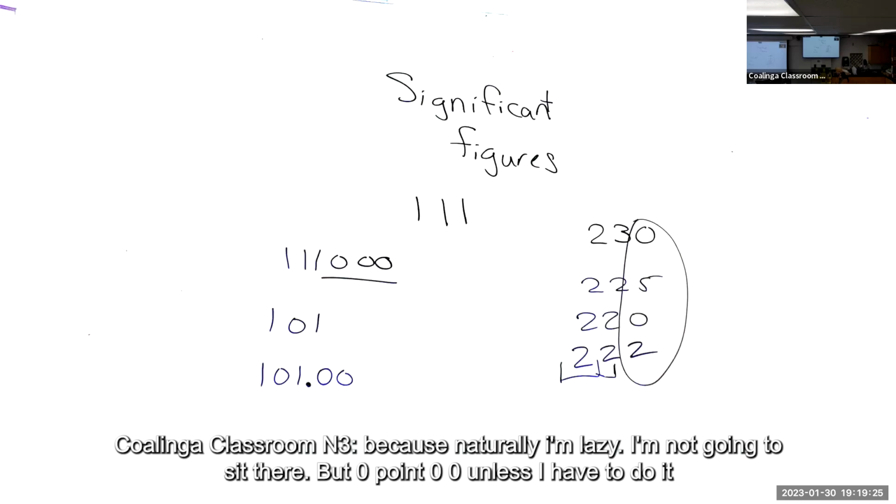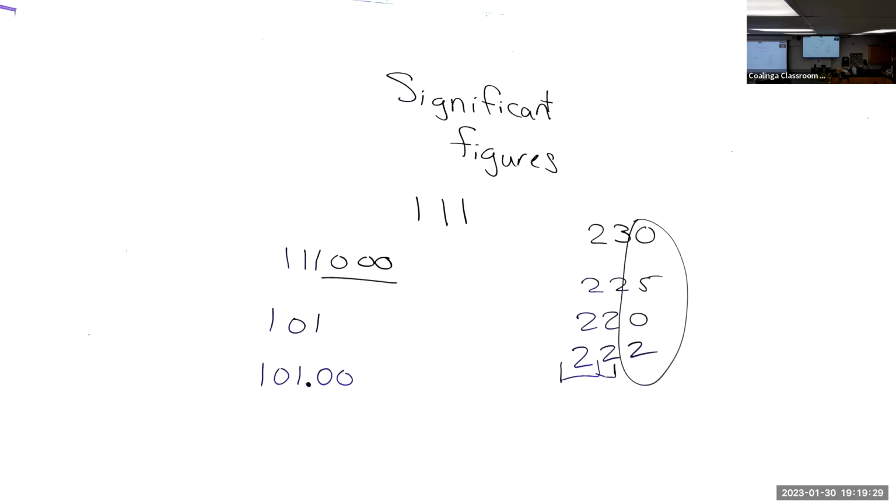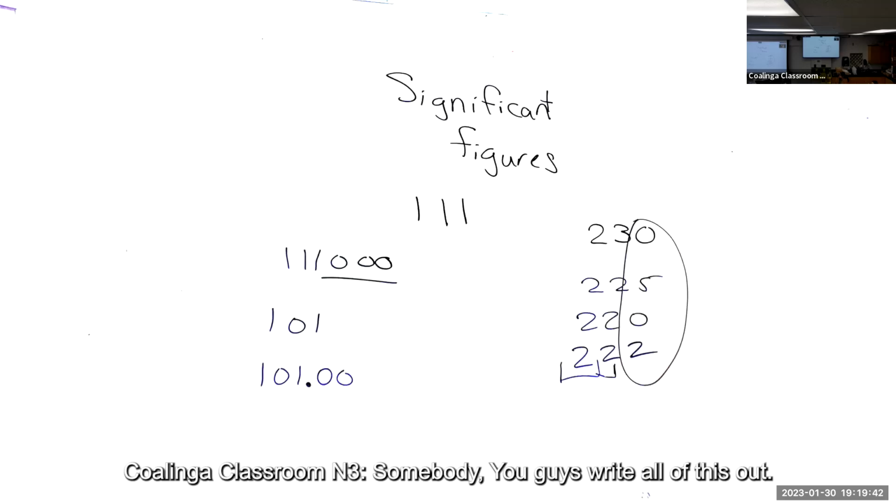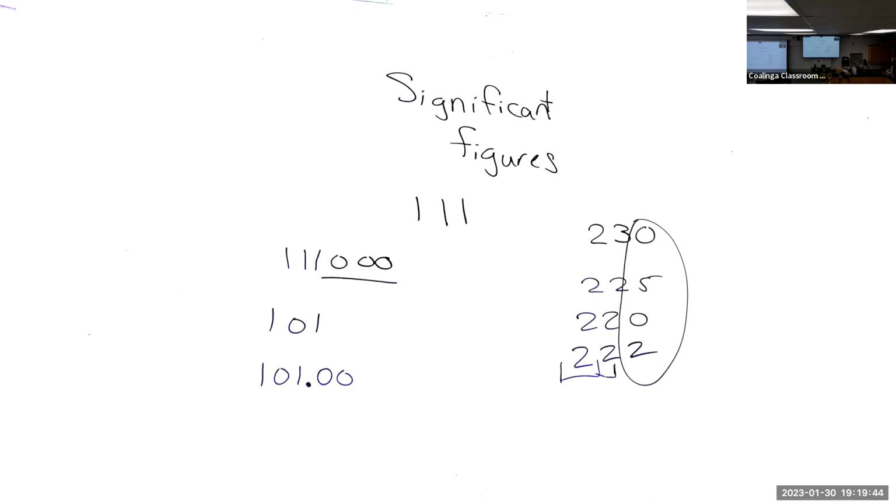I'm not going to sit there and put 0.00 unless I have to do it, right? So anytime that you see a decimal, you have numbers in front, you see a decimal, and then you have zeros after it, you know that these are going to be important because you took that extra time. That's extra, right? Because how many of you guys would write all of this out? Most of you guys would just write this in.